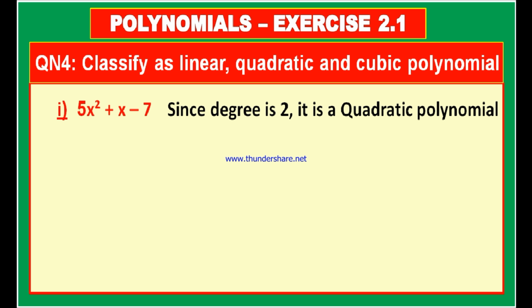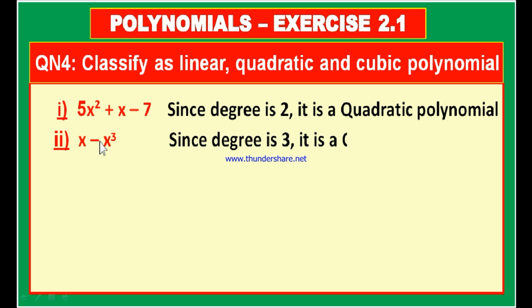Now, dear children, let us look at the second bit, x minus x cube. This polynomial contains 2 terms. The first term is x and the second term is minus x cube. Whatever the number of terms, pick up the highest exponent. That highest exponent itself is the degree, isn't it?